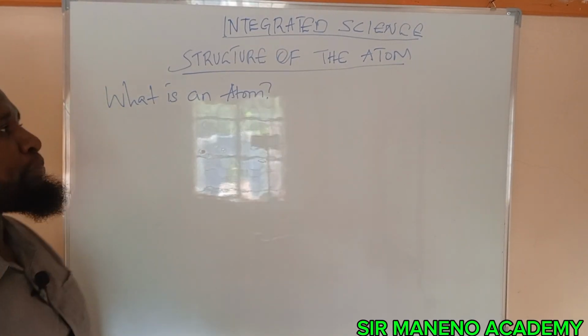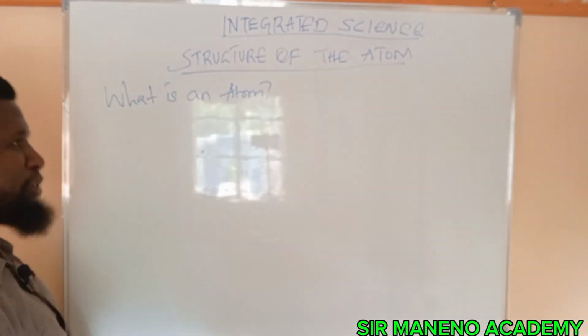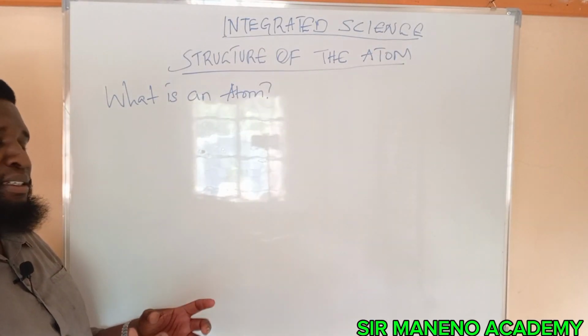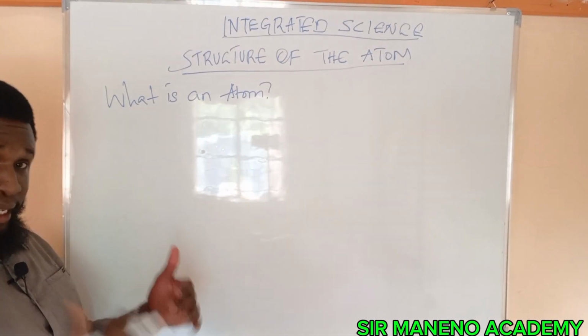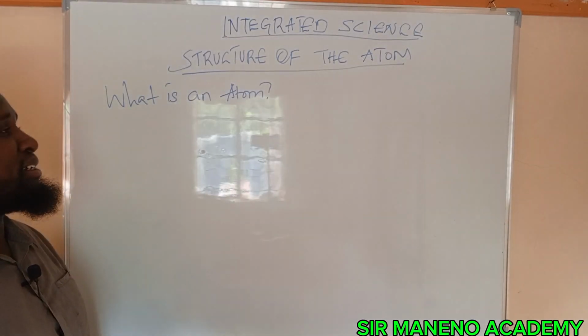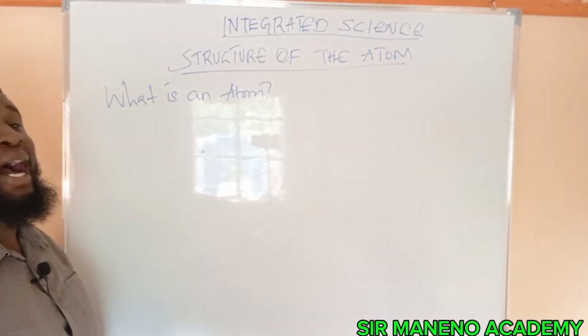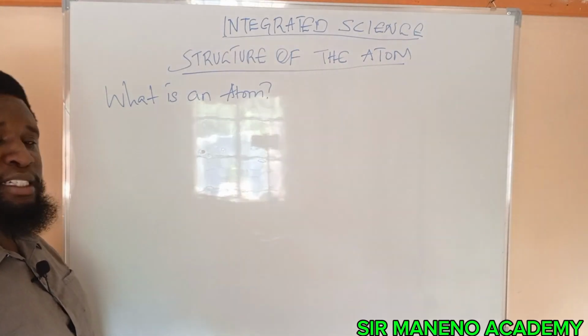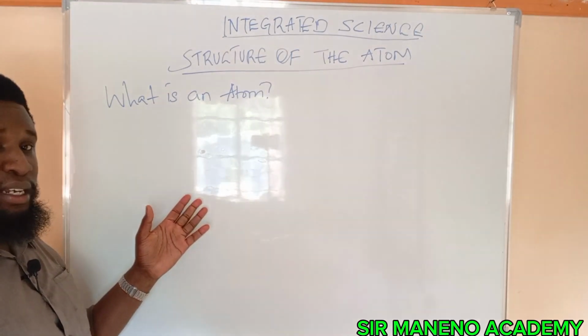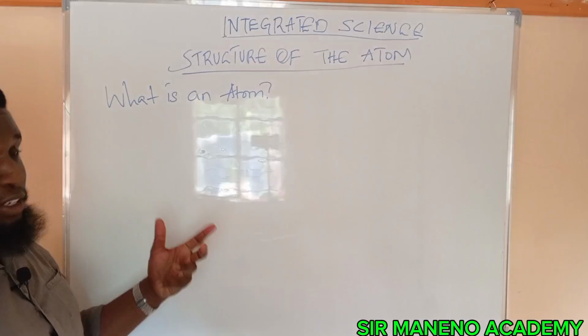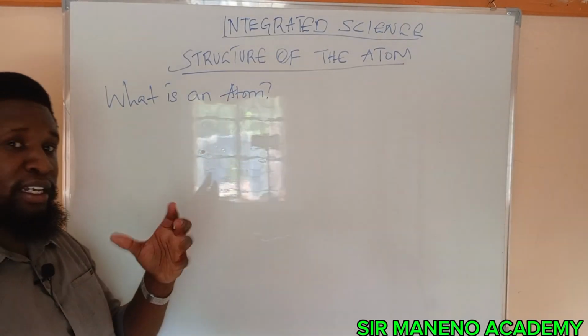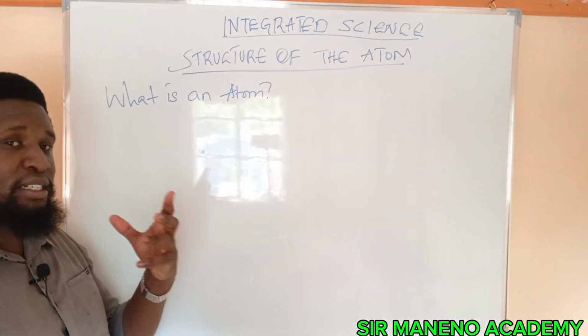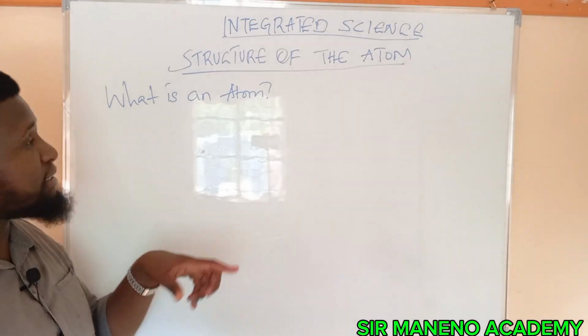Now, remember, an atom is found in an element. Every element has got an atom. And I talked about elements on another video. If you can trace that video, you can go and see what an element is.